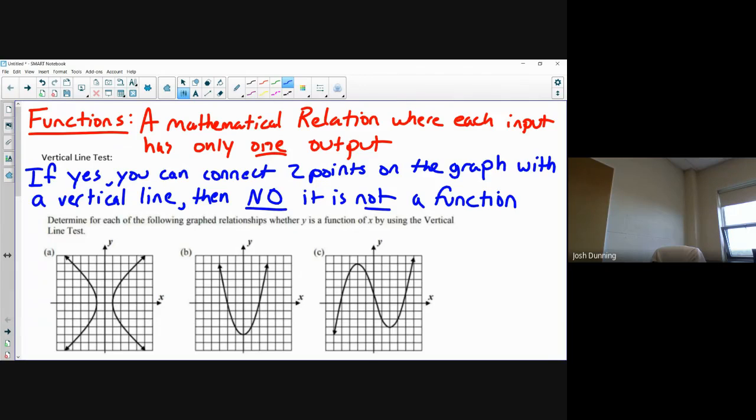Kind of backwards. Yes, you can. No, it's not a function. And this should be pretty easy.